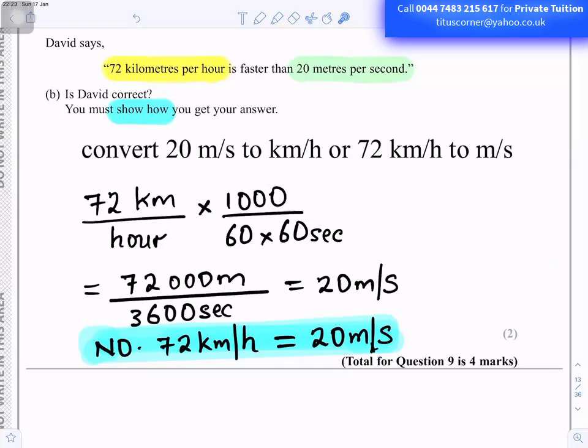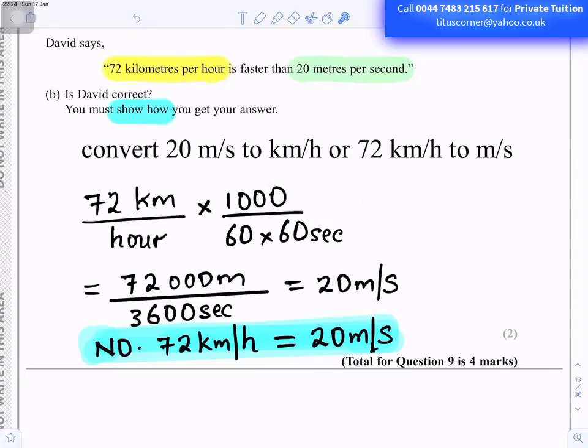So I'm going to convert all of them to meters per second. So 20 meters per second stays the same. I only want to change 72 kilometers per hour to meters per second. Kilometers means times 1,000, so to change 72 kilometers to meters, you times 1,000. 1 hour is 60 minutes, and 1 minute is 60 seconds, so it's 60 times 60.